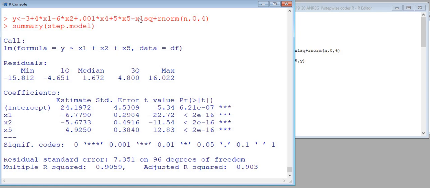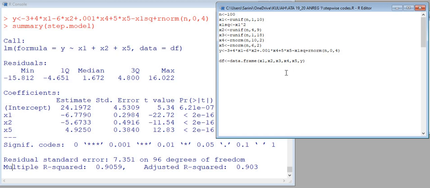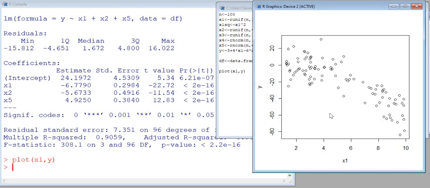This is minus x1 squared. Okay, so that's what we can get from some lacking in doing variable selection using stepwise.